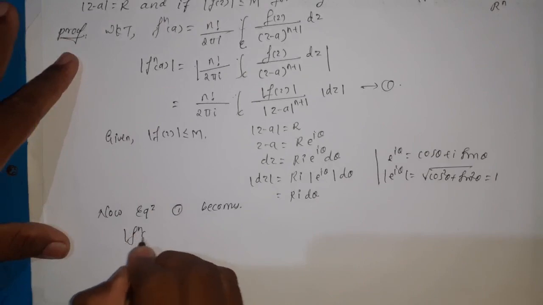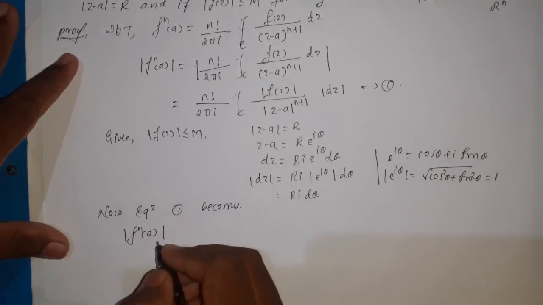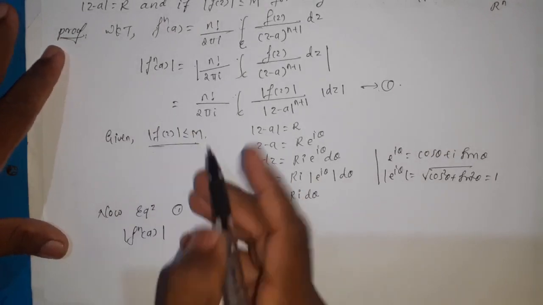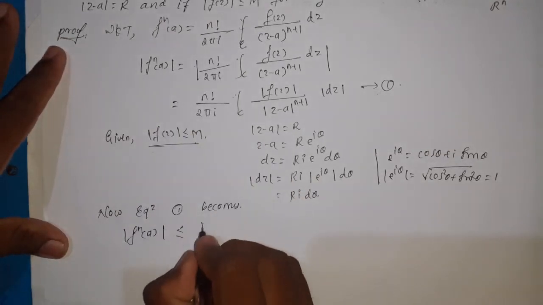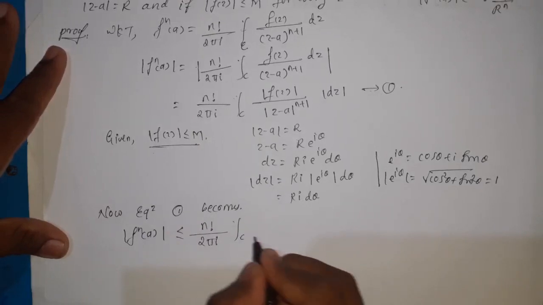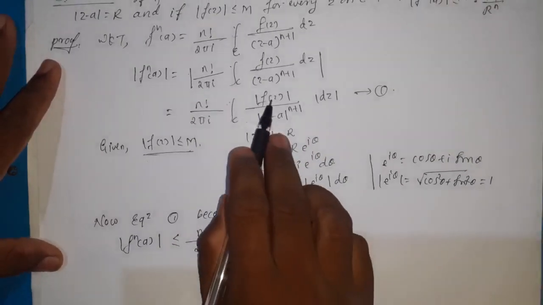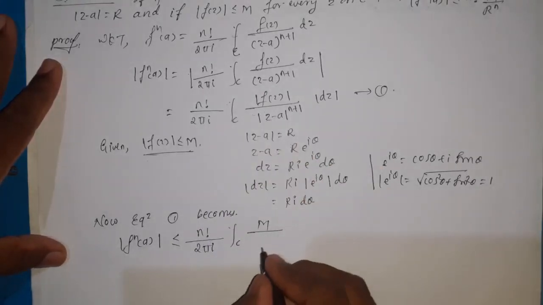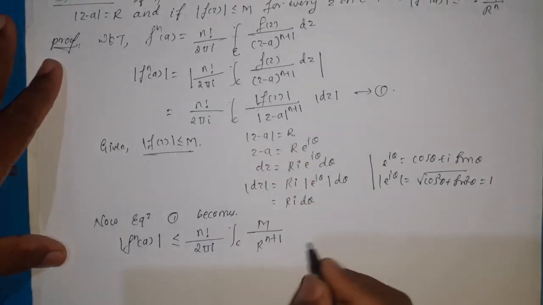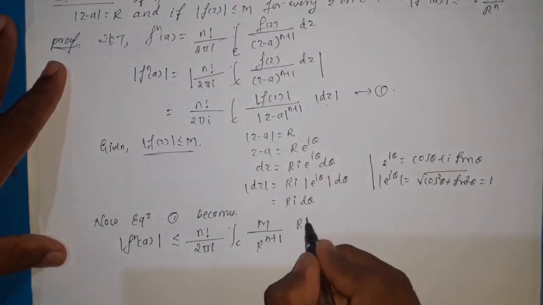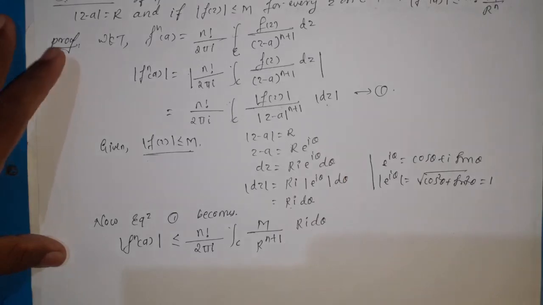Now equation 1 becomes |f^(n)(a)|. Now here we are applying this inequality, so this becomes less than or equal to n! divided by 2 pi integration over C, with |f(z)| being capital M, |z - a|^(n+1) being R^(n+1), and |dz| being R d theta.